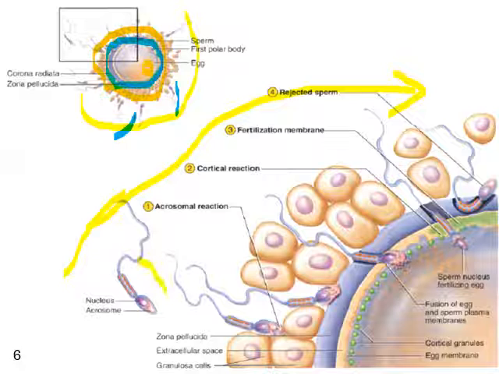So here is a sperm that makes contact with the corona radiata, and remember the corona radiata is formed from granulosa cells, and the acrosomal enzymes released from the sperm when it makes contact with the granulosa digest. They are proteolytic enzymes, and they digest the cells of the corona radiata.